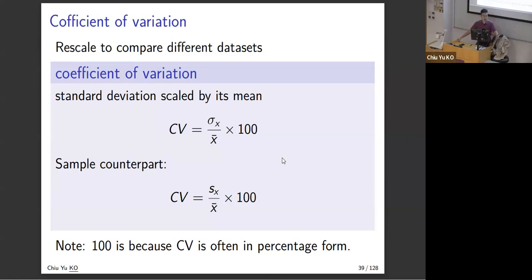Look at the SD divided by its mean, because the final will have a higher mean, and therefore probably a higher variance. That's why when you compare data sets, you normalize by dividing by the mean. That's closely related to the idea of the Z-score, which we'll cover later, in the textbook as well.